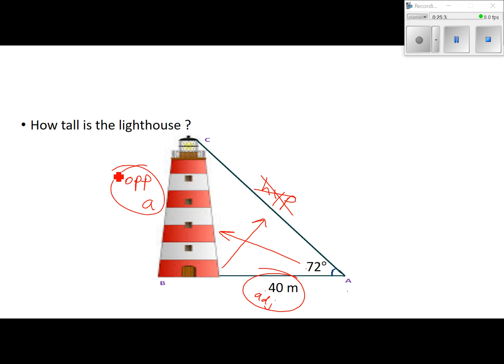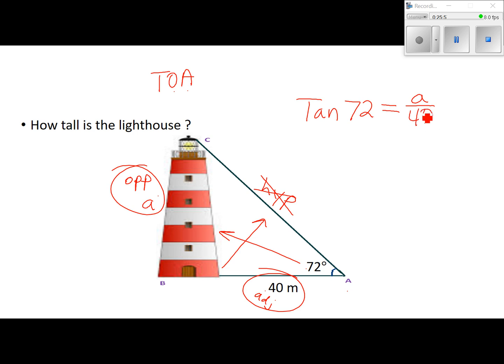You pick your trig ratio. One that deals with adjacent and opposite is the TOA part of SOHCAHTOA. So that's the tangent. So we do tangent of our angle, which is 72, equals tangent's opposite over adjacent. So that's going to be A over 40.